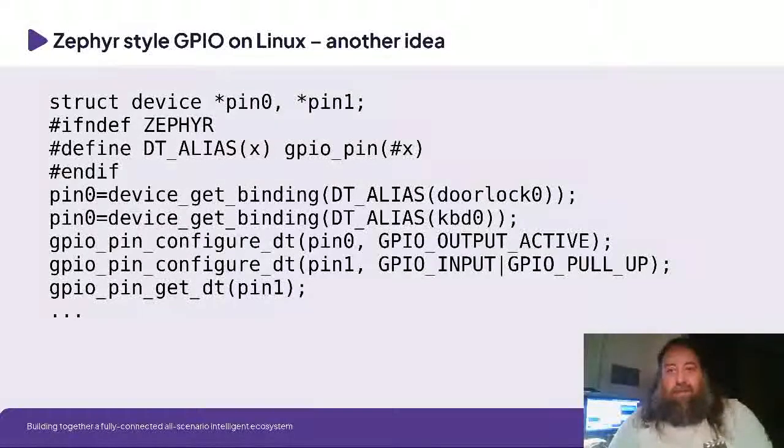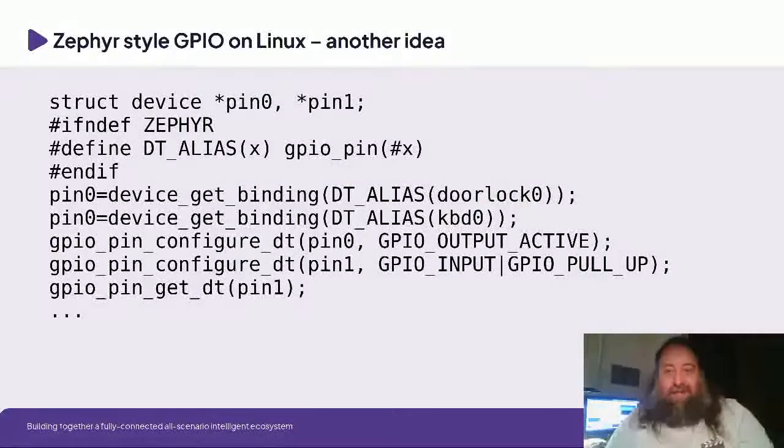On a system capable of running Linux, we probably don't have to save every single byte of memory we can. We obviously shouldn't be wasteful, but we don't have to be quite as careful as in Zephyr. So what if we define DT alias to a function call that passes its argument as a string? Given this code snippet here, we just have to implement a GPIO pin function that looks up the correct GPIO device and pin for the name passed in a string.